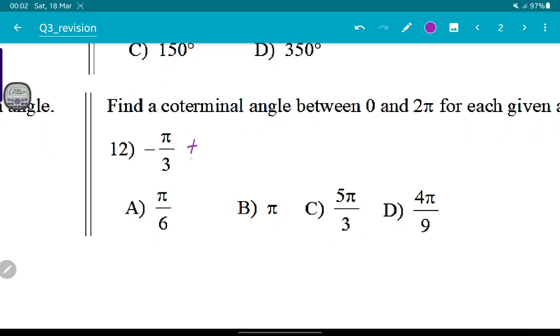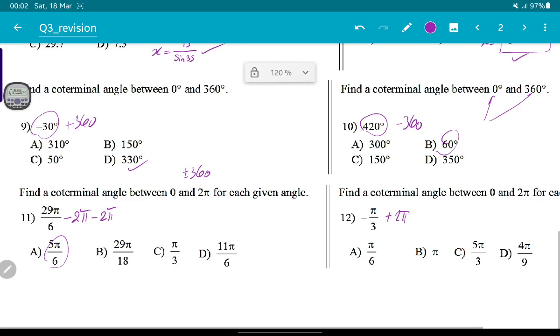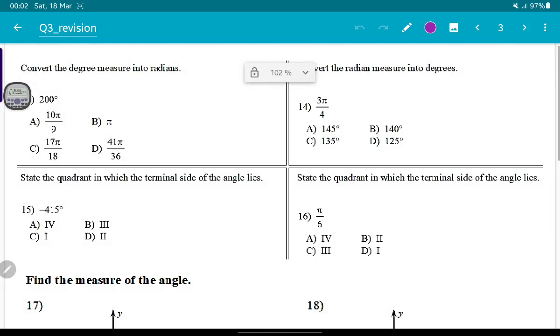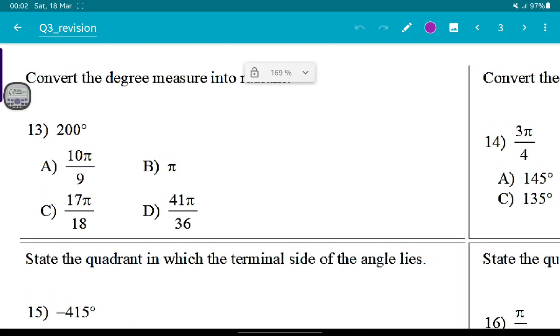Here it's clear that you need to add 2 pi. To convert from degree to radian, here you have a degree, and your answer should include pi. It means you need to put pi in the numerator over 180. Why 180 and pi?